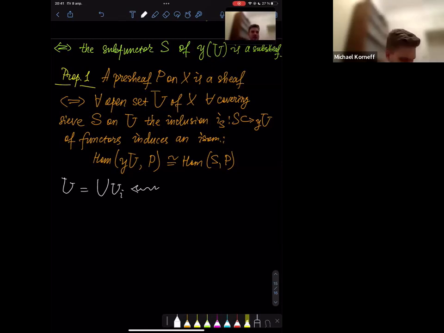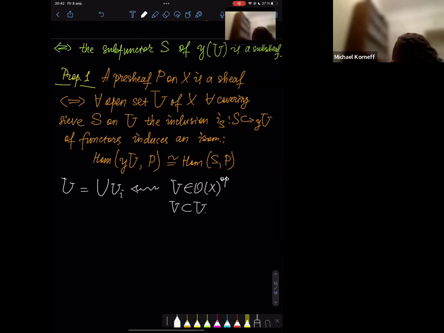We take such a set which includes into the corresponding U_i. We take all V from this category such that V includes into U_i for some i.